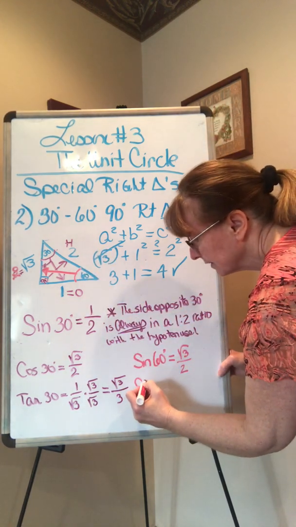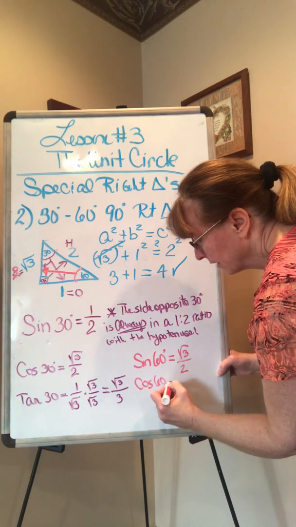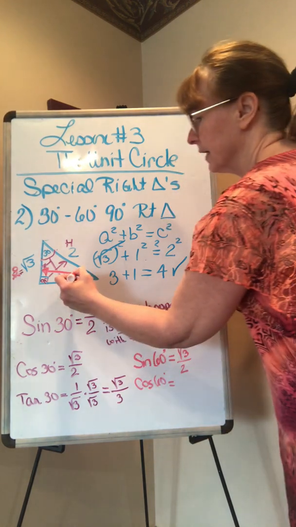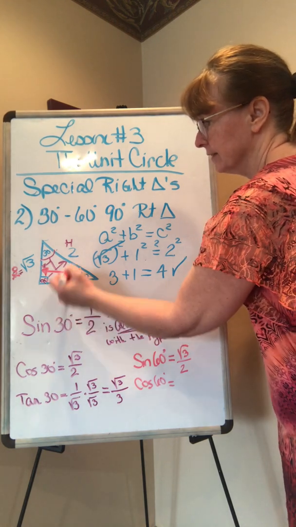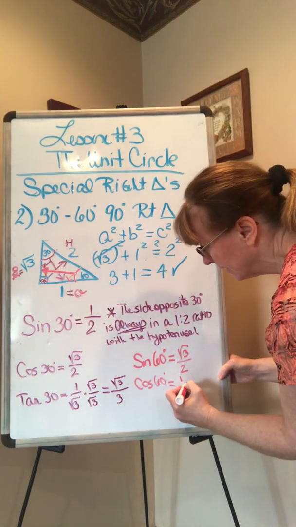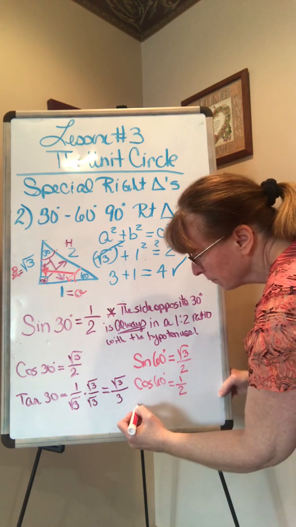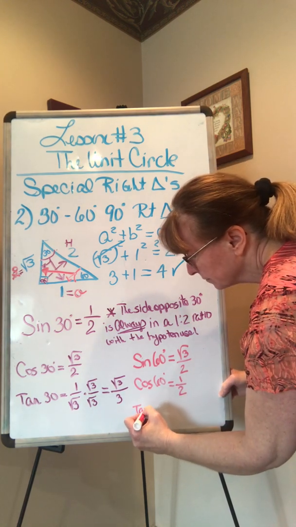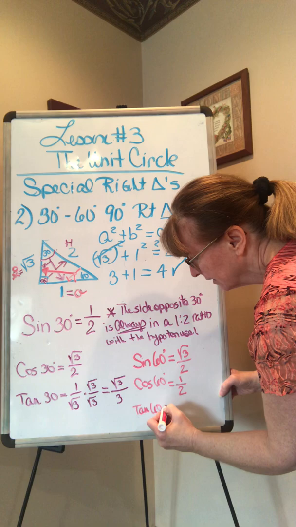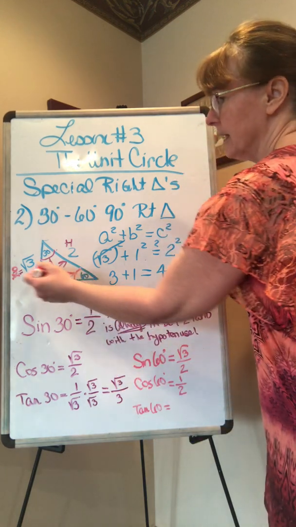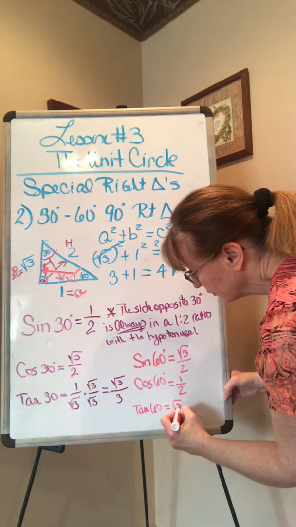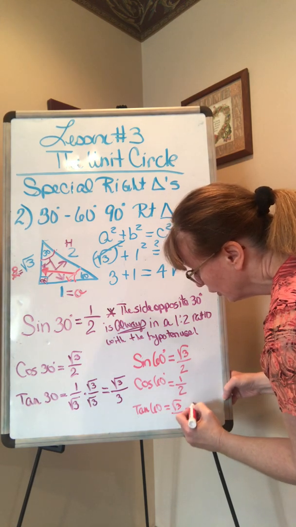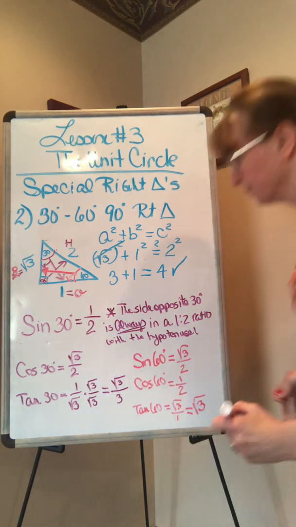My cosine of 60 is now my adjacent. So now look at my 1 is my adjacent to my hypotenuse. And here's my 1/2. And my tangent of 60 is going to be opposite rad 3 over adjacent 1. Rad 3 over 1 is rad 3.